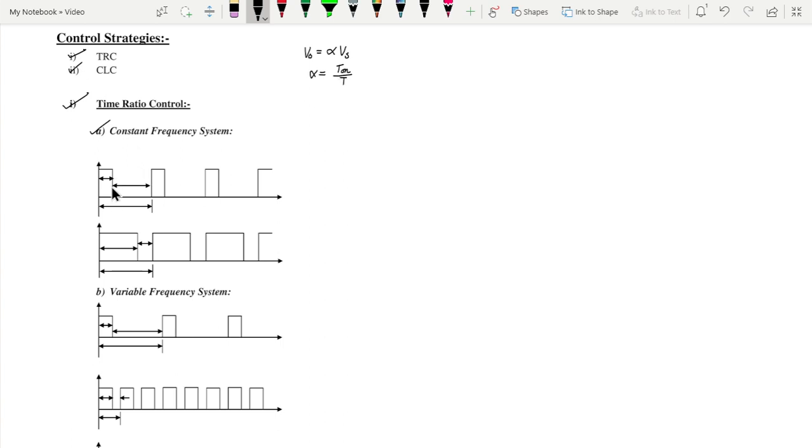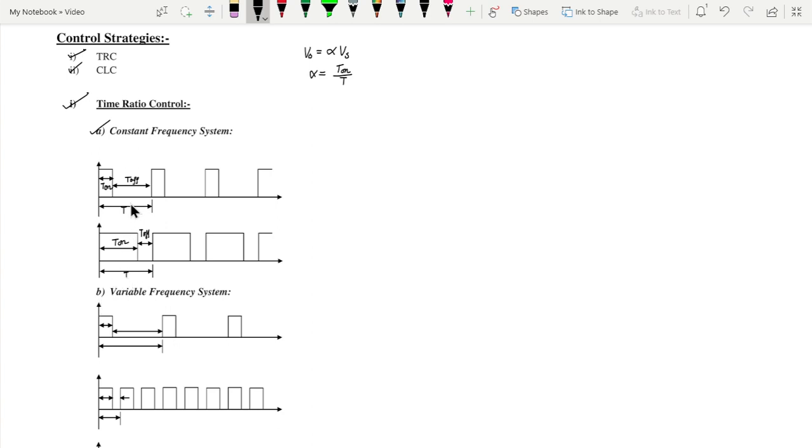Look at this picture, here T on is changing. Look at here, this is T on, this will also be T on, and this will be T off, and this will be T off, and this will be T here and this will be T here also.